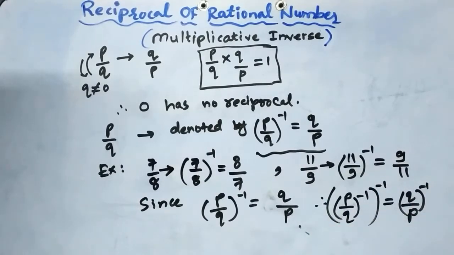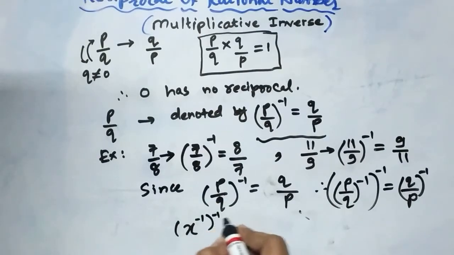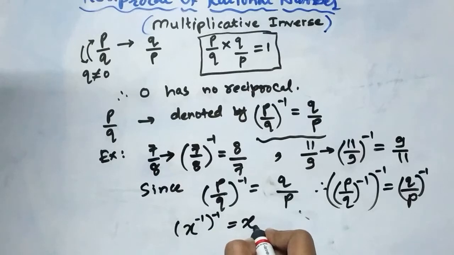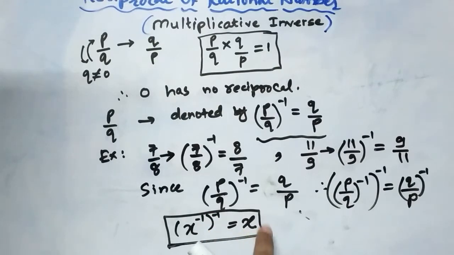For example, whenever you take a rational number x, the reciprocal of its reciprocal is nothing but the original. In other words, friends, the reciprocal of the reciprocal of a rational number is the number itself. I will repeat once again.